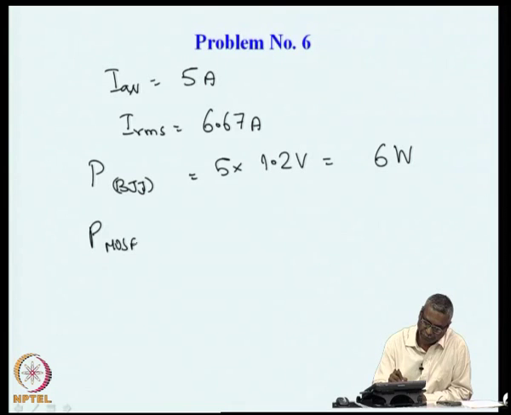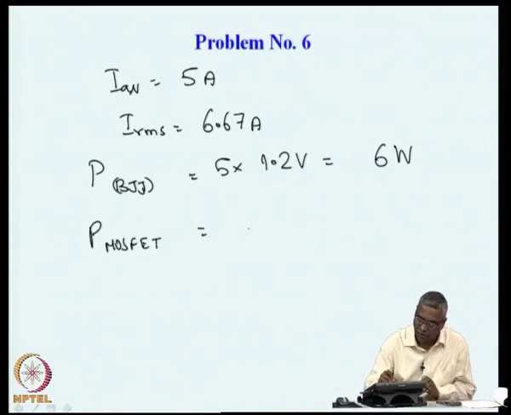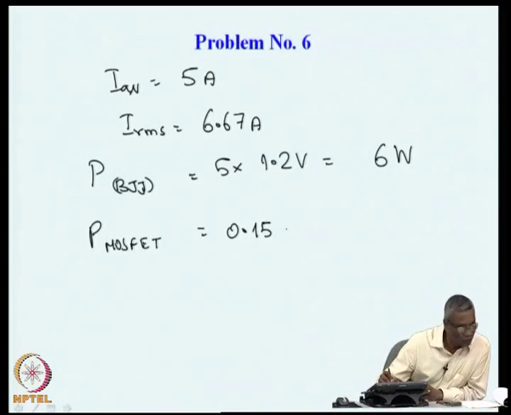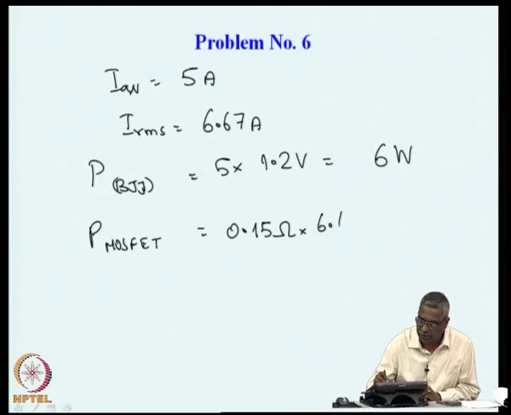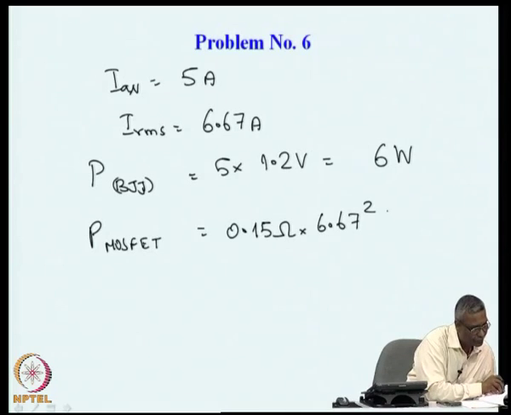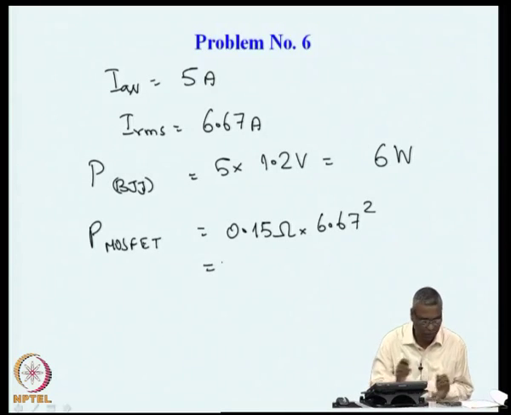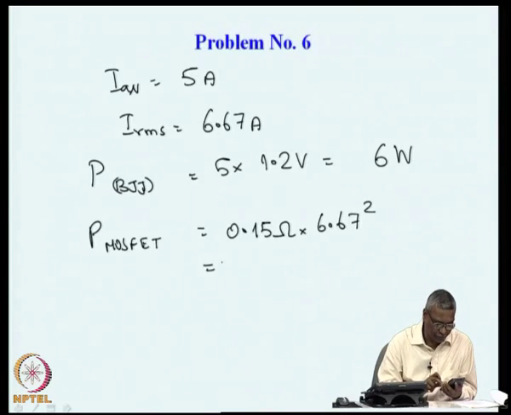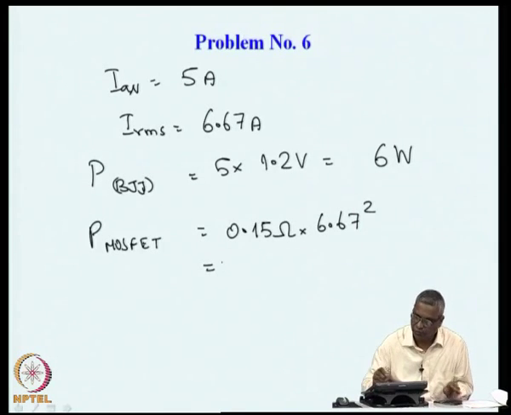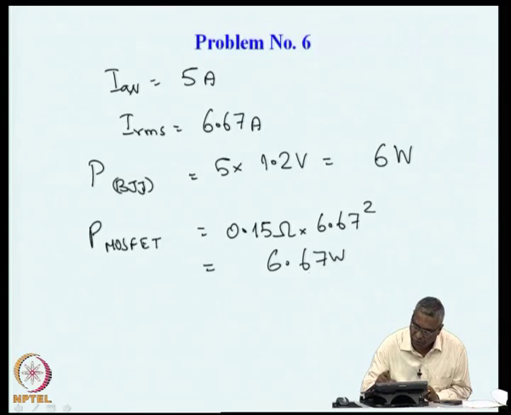If it is a MOSFET, it is represented as a resistance whose value in this particular case is 0.15 ohm multiplied by 6.67 whole square, which is 6.67 watts.